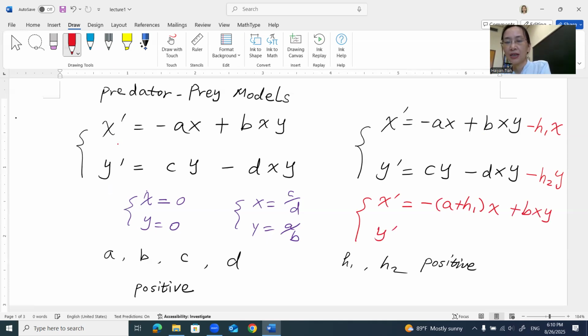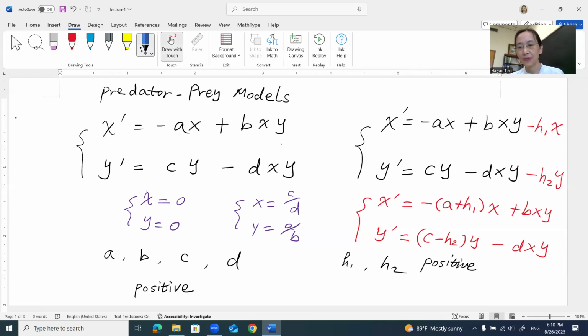So the second equation is the same as C minus H2 times Y minus D XY. So that is the new system which considers harvesting.